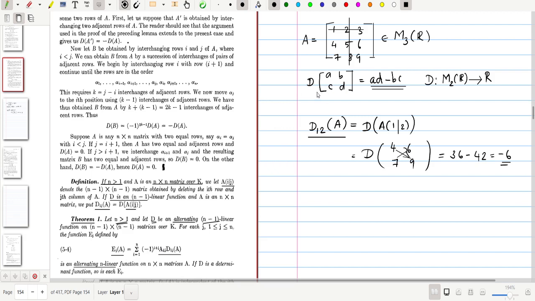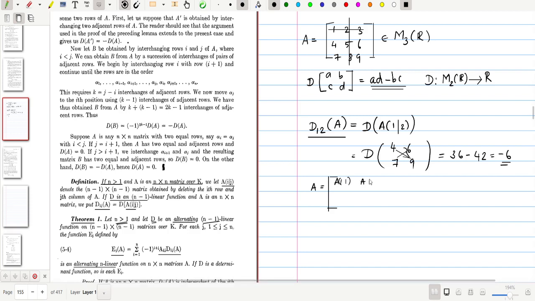If this d is ad minus bc, and if we take A as an arbitrary matrix with rows a11, a12, a13, then a21, a22, a23, and the final row a31, a32, a33, the same notation as in theorem 1.